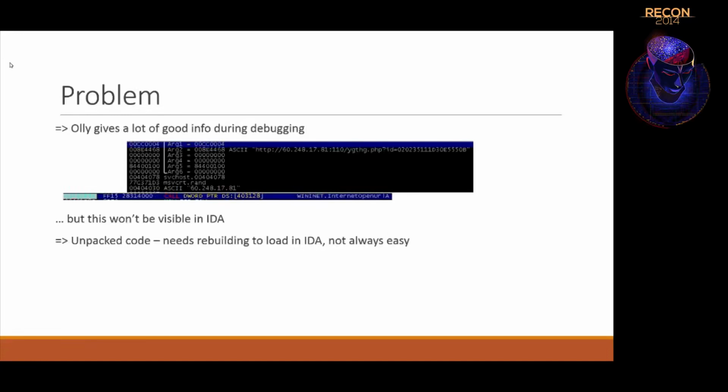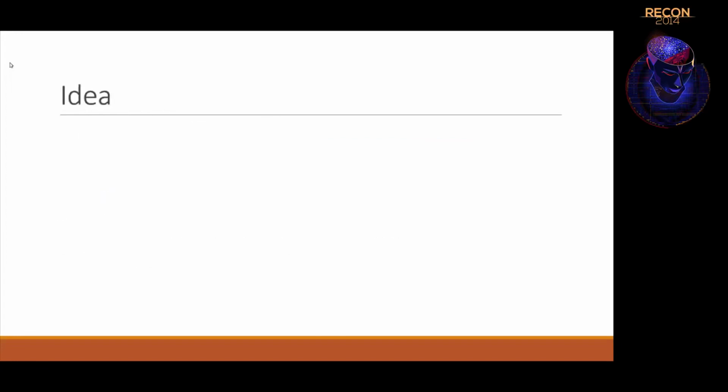This is sometimes challenging because you sometimes need to rebuild the PE header, but that's the simplest part, because sometimes there are import address tables that are obfuscated and so on. So again, it requires time. And in short, the problem is that there is no automatic connection between these two tools.